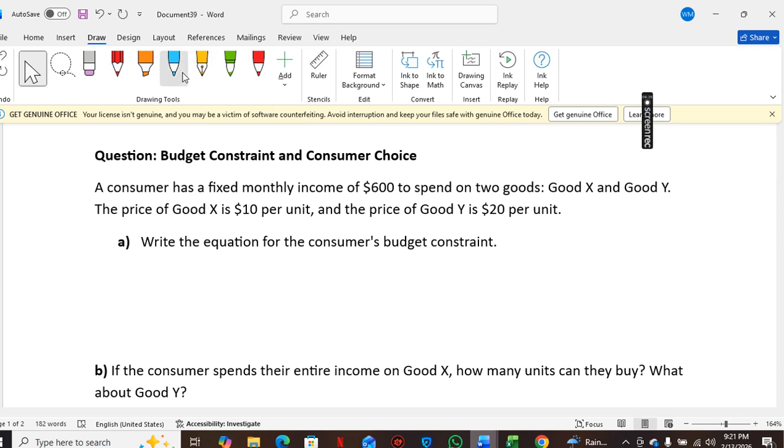So our formula, remember: I, which is your income, equals Px multiplied by the quantity of good X plus Py, price of good Y, multiplied by the quantity of good Y. Every time you go shopping, you go with a budgeted amount.